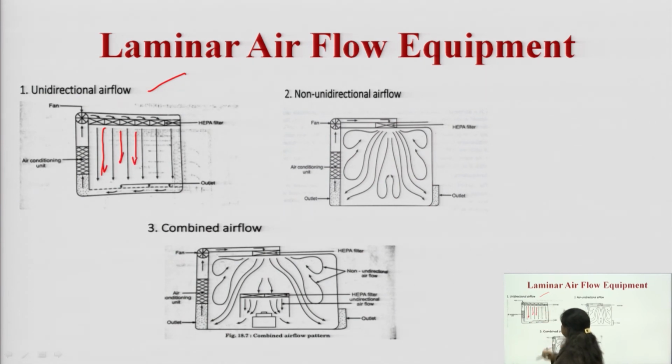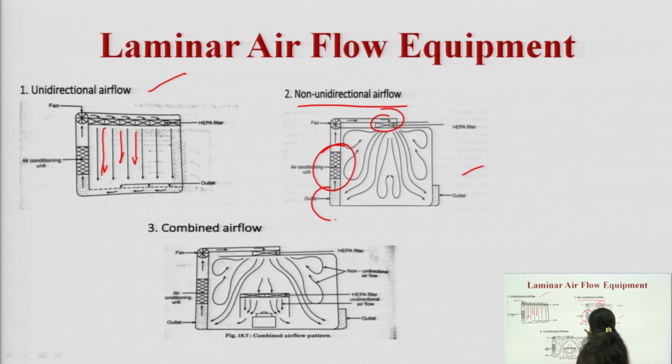This is known as unidirectional, either vertical or horizontal, and this is what we call non-unidirectional. If there is no direction of air, it is non-unidirectional. This diagram shows HEPA filters, air conditioning units and outlets for the air, but the air has no direction; that flow is known as non-unidirectional.